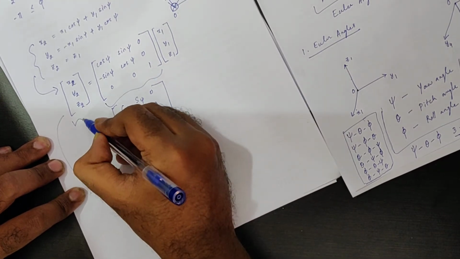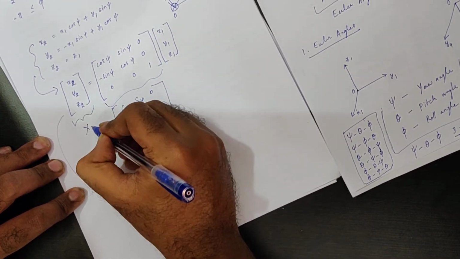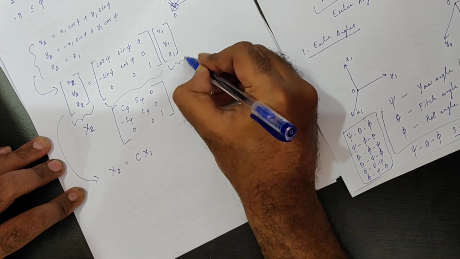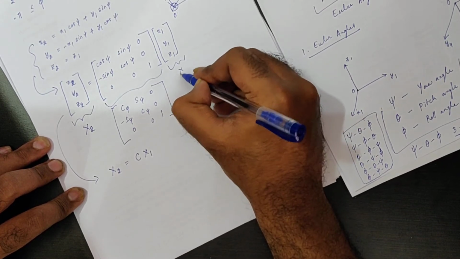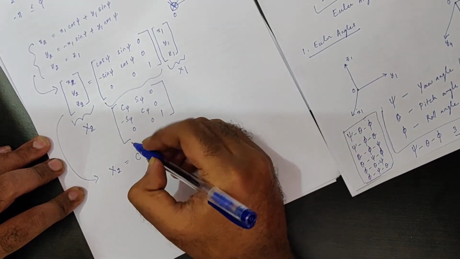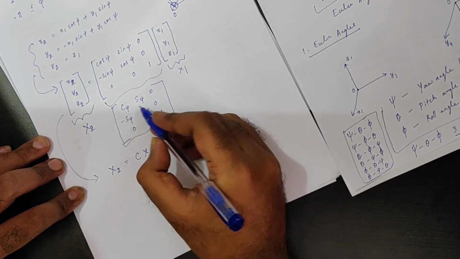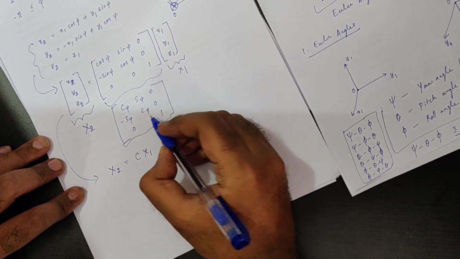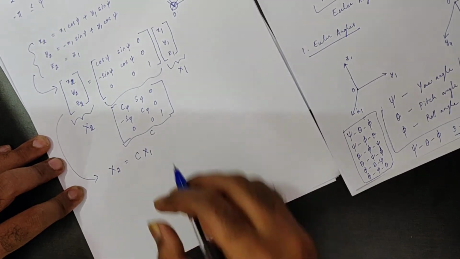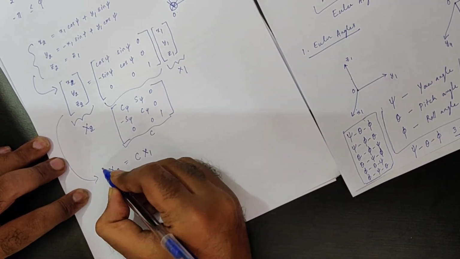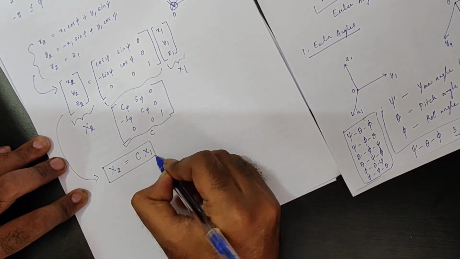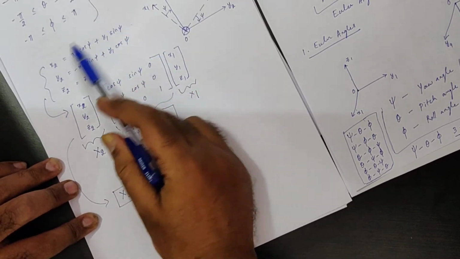Basically this vector is x2, this vector is x1, and this matrix, which is a 3 cross 3 matrix, is C. So this is very compact compared to this one, right?